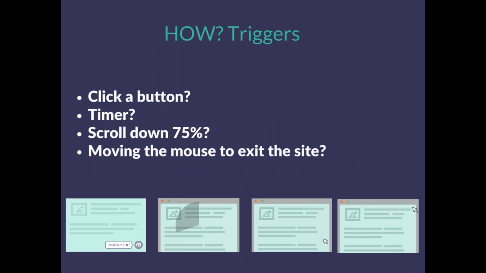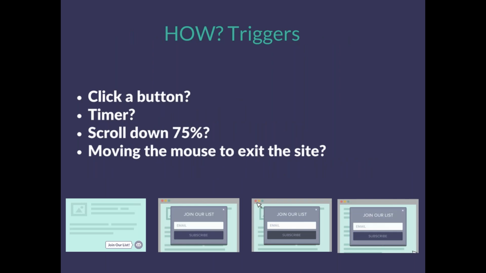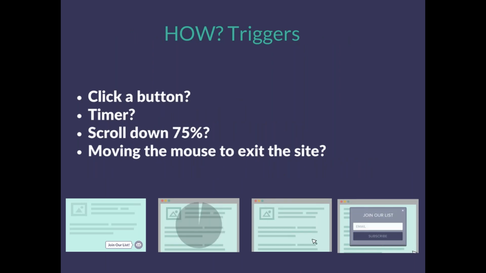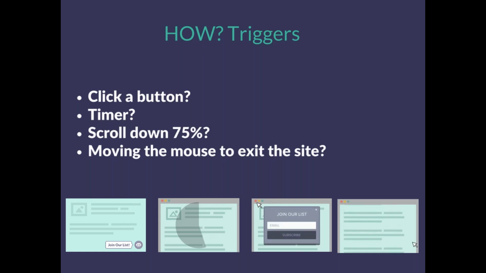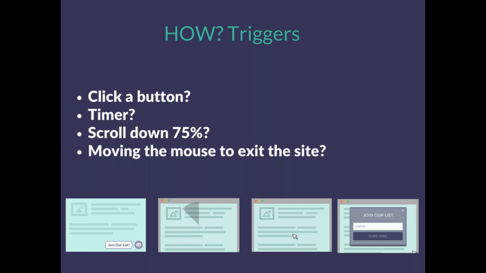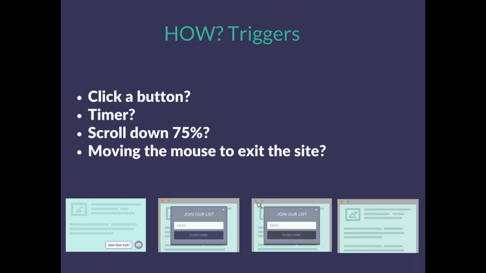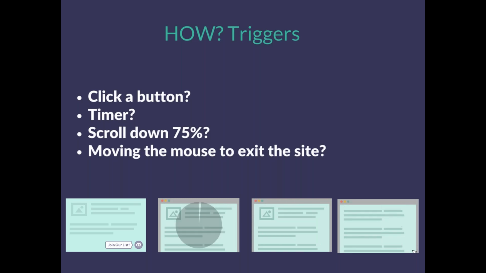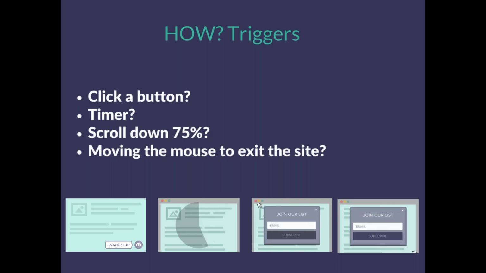Next, when you've decided on the right audience for this specific opt-in form, it's time to think about what action they're taking on the site that's going to trigger that form. What you're seeing on the bottom left is a bunch of different triggers that could prompt an opt-in form, right? Are they clicking a button or a tab, which is what you see on the bottom left? So user initiated. Or is it an automated thing, based on time that they've been on site?